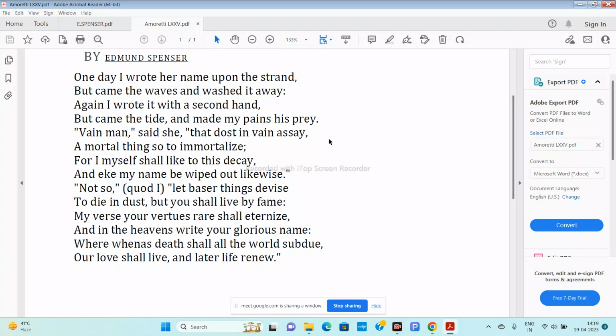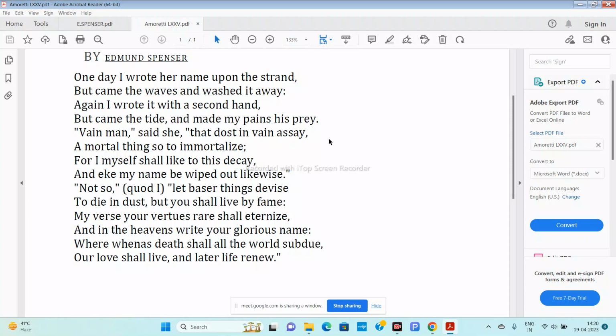So you are trying to immortalize my name when you know very well that human beings are not immortal. We are all mortal, and likewise I am also mortal. So my name that you are trying to write on the sands is not going to survive the onrushing waves. So you are trying to do a foolish thing. That's what she says to him.